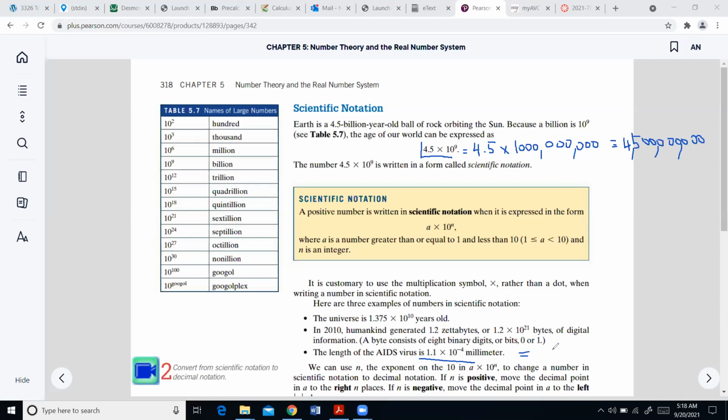Well, we have to move the decimal point, but now not to the right as when we multiply by 10 to a positive power, but to the left because of the negative power, right? So I'm going to have to move it once and then 3 more places. So there will be 3 zeros in front of 11.